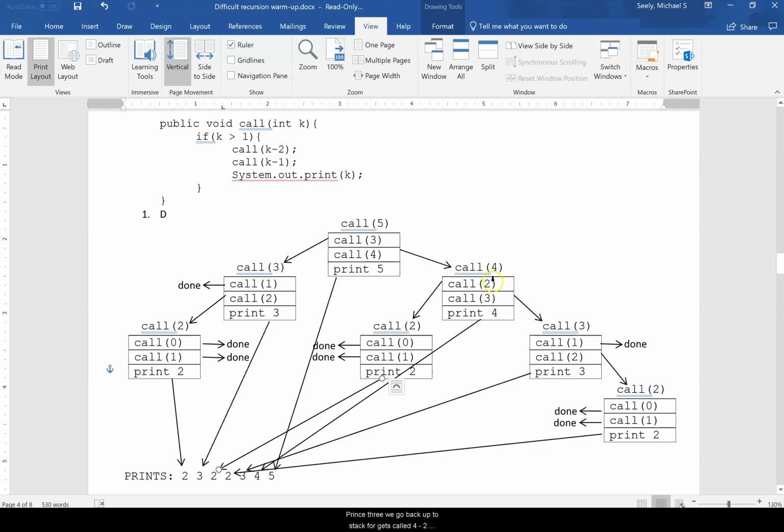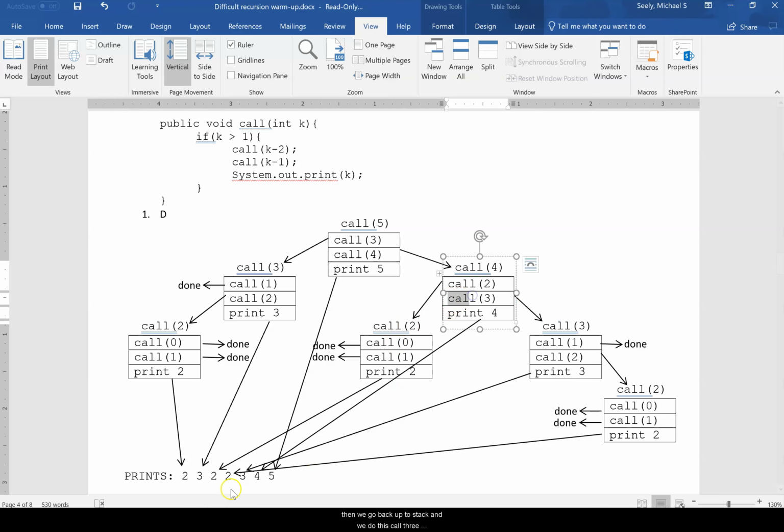4 gets called. 4 minus 2 is 2. That gets down over here. So 2 minus 2 is 0. That's done. 2 minus 1 is 1. That's done. Then it prints 2 right here. Then we go back up the stack and we do this call 3. That's where I was getting confused looking at these arrows. So call 3 gets called.